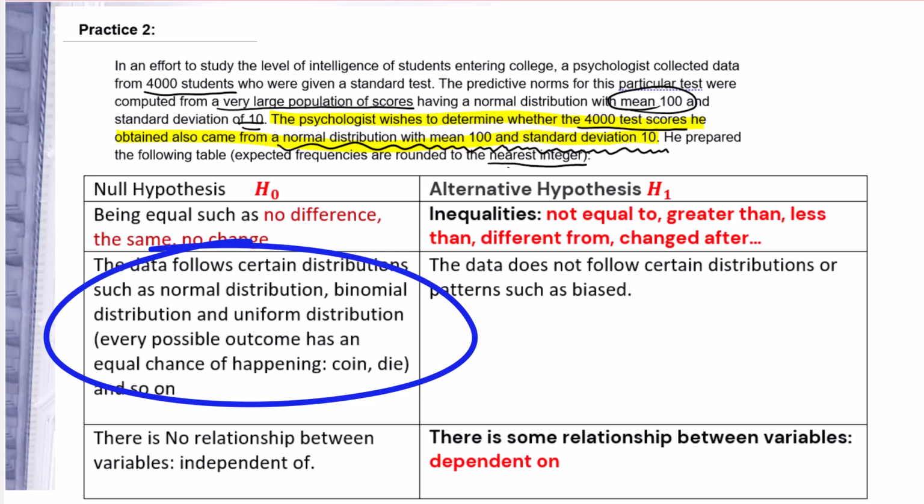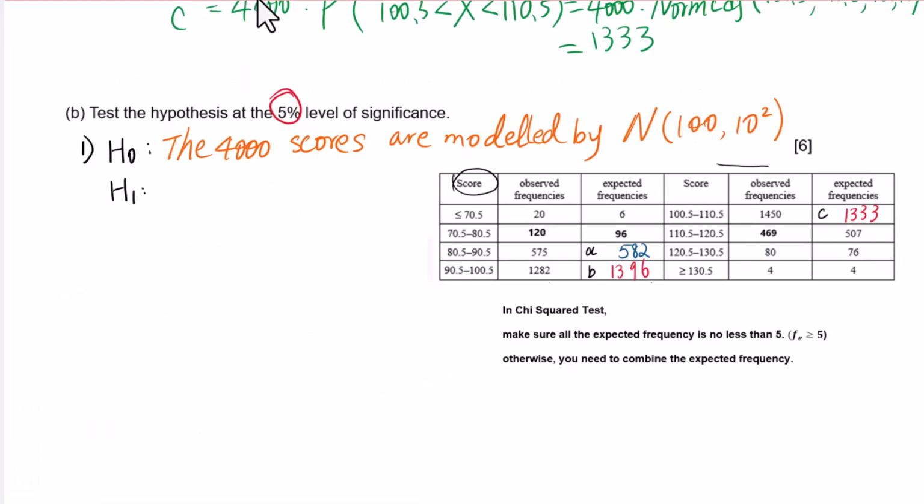This is H0. H0 will be the 4,000 scores are modeled by normal distribution with 100 as mean, 10 as a standard deviation. H1, the 4,000 scores are not modeled by normal distribution.